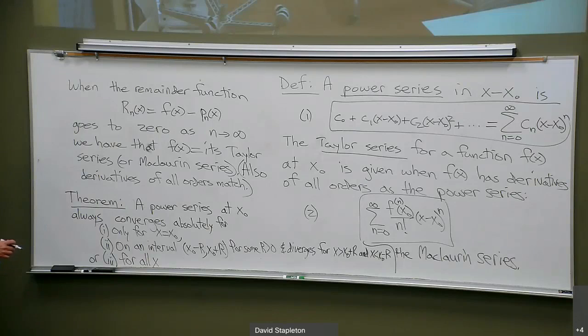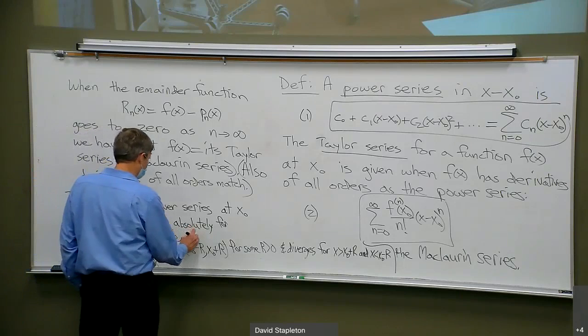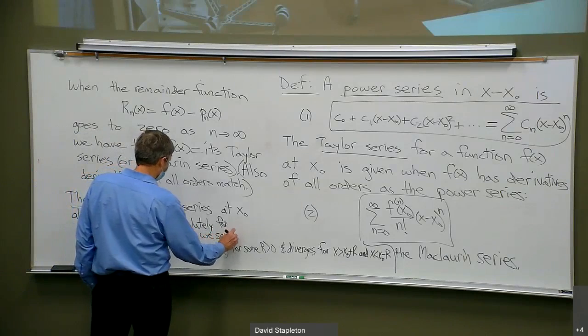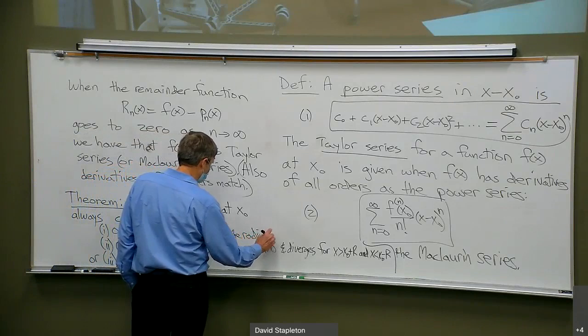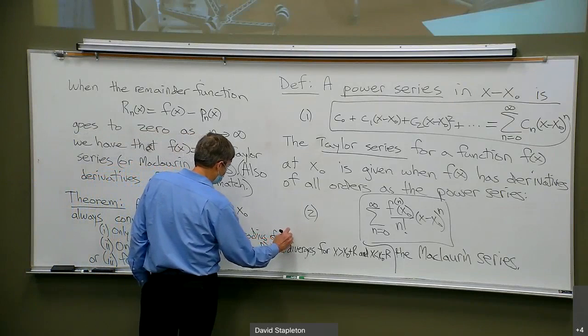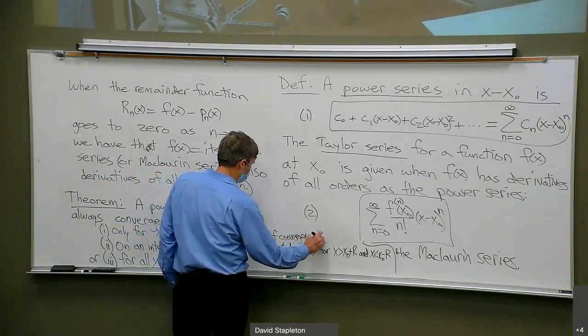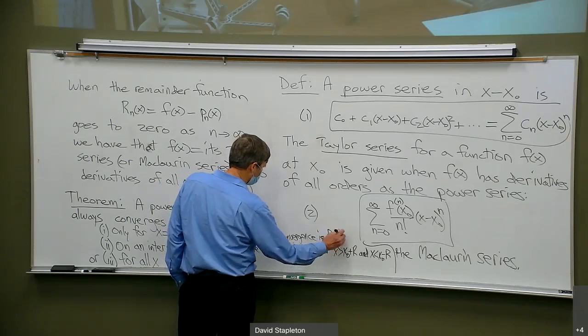So in the first case, if it converges only at the point, we say the radius of convergence is 0. We usually use r for the radius.